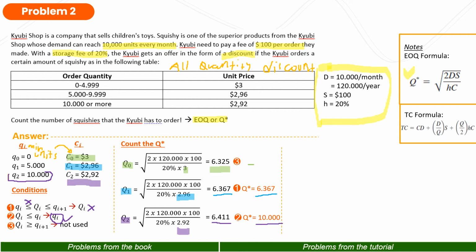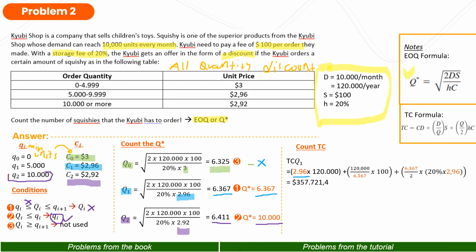Okay, and then we compute the total cost. Since the Q0 is matched with the third condition, it is not used, so we don't have to compute the Q0 with the unit price of $3. So the total cost for the Q1 is, here the formula is the same as before.